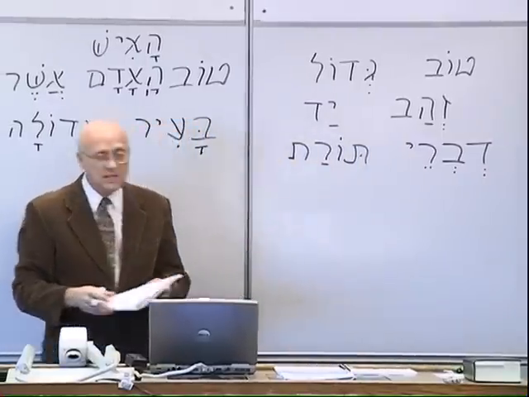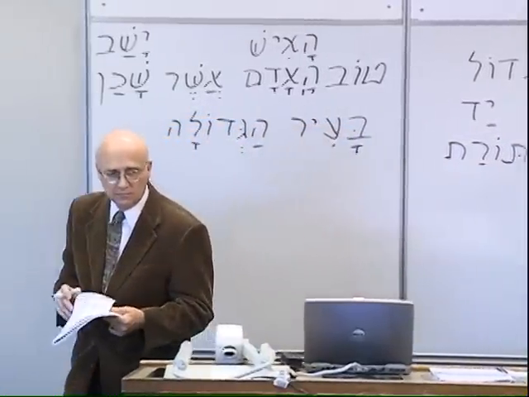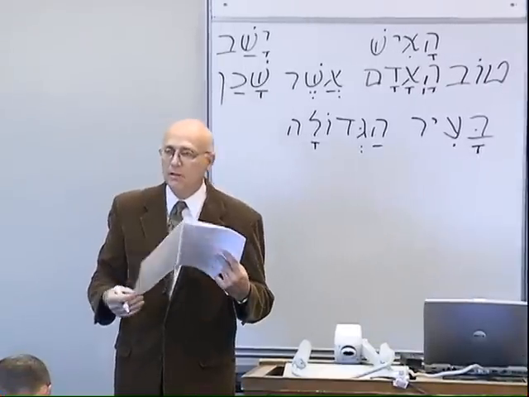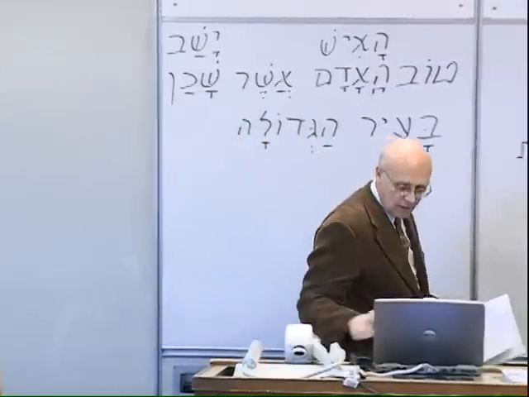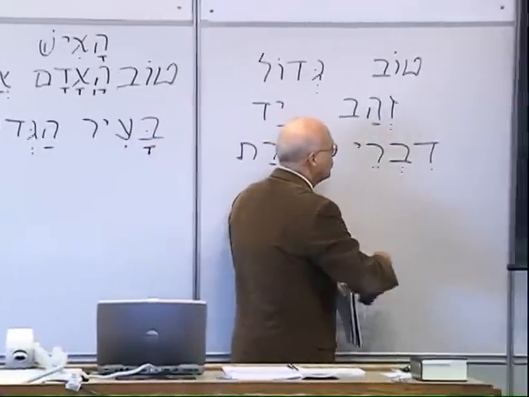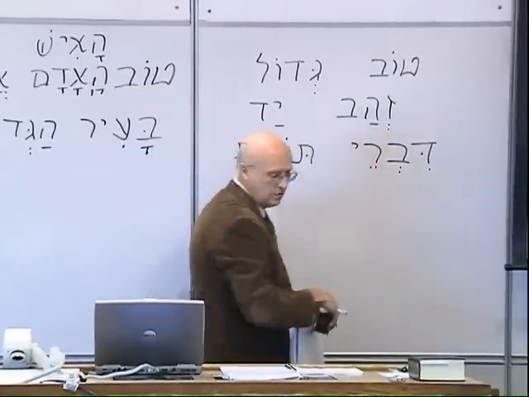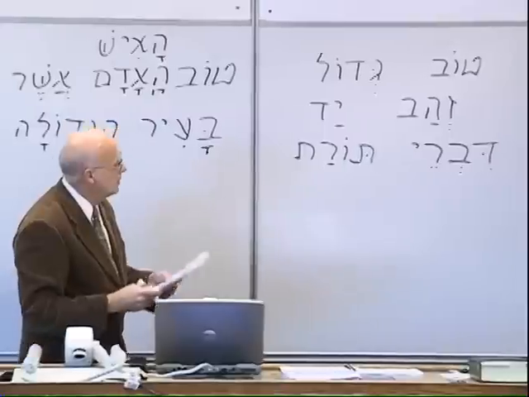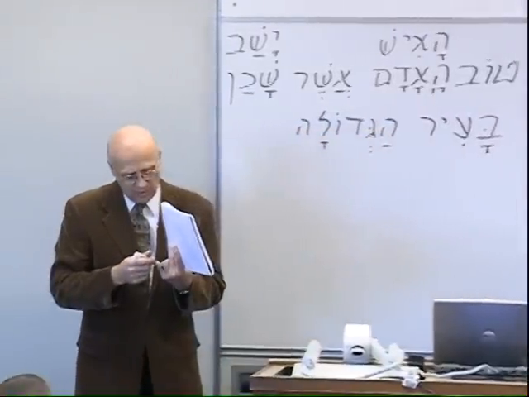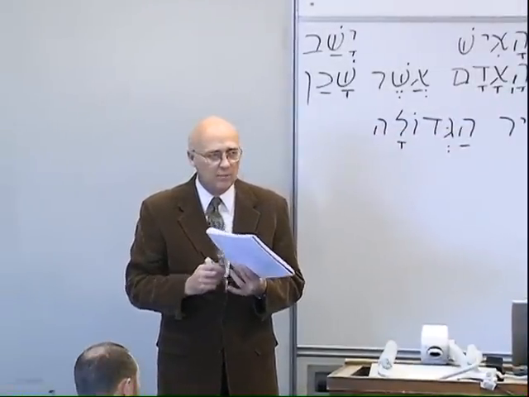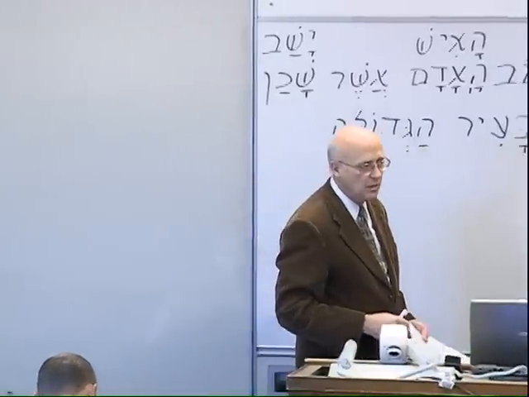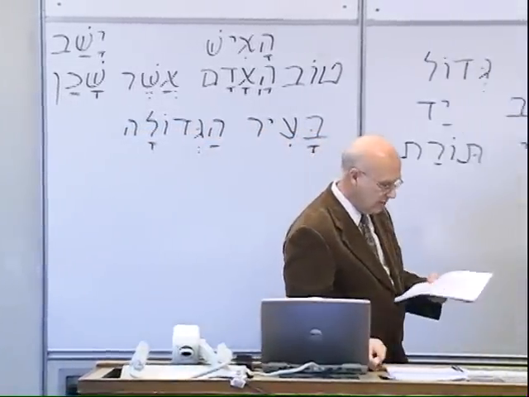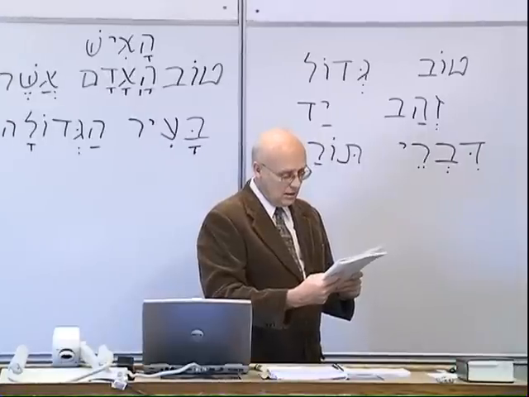Why do we have div there? Anyone? Eric? Can't hear it. Not a schwa? Oh, yeah, it should be a schwa, excuse me. Yeah, and you also should have a dagesh in the daleth. All right? Divrei. Why is this hireq at the beginning? Can't have two schwas at the beginning of a word. All right?